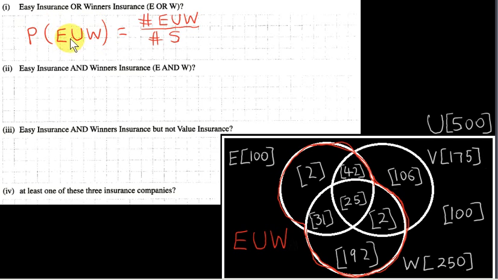So to calculate the probability of the event E union with W, we get the number of elements in E union with W, and to do that we just sum these 6 regions.